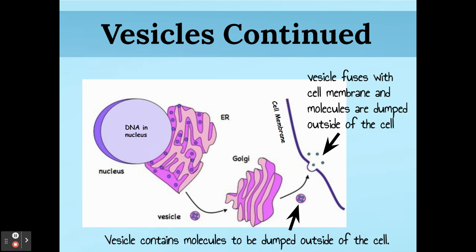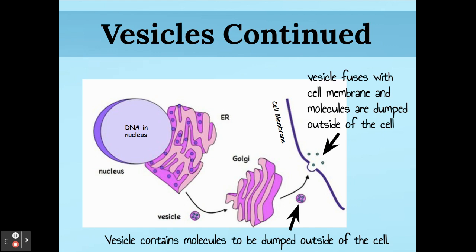It can then put them into these little vesicles that could move to wherever they need to go, but eventually it could get dumped outside of the cell. So it says on the screen now, vesicle fuses with the cell membrane and molecules are dumped outside of the cell. So a cell can utilize this Golgi apparatus and the vesicle structure to move things and release things when it needs to.